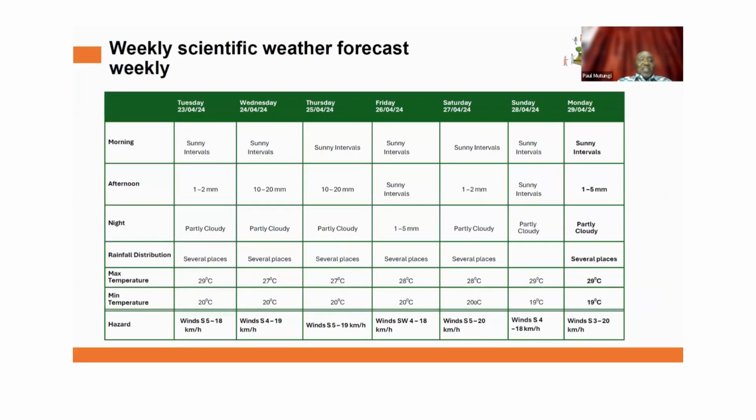Now, this slide, I'm just trying to show you a weekly scientific weather forecast, which is scientific, in one of the places in the county in Kenya. And you can see this is basically the weekly scientific forecast, what it talks about. This one is presented in printed form, but it is also undertaken through the radio or media services, with the radio being the most popular.